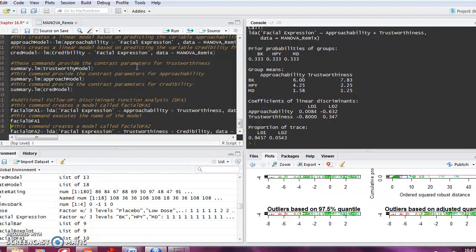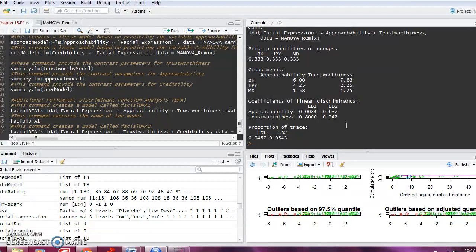So what we have pulled up, really looking at these values here and these here, you see that in essence they're kind of like beta values or B values for regression.